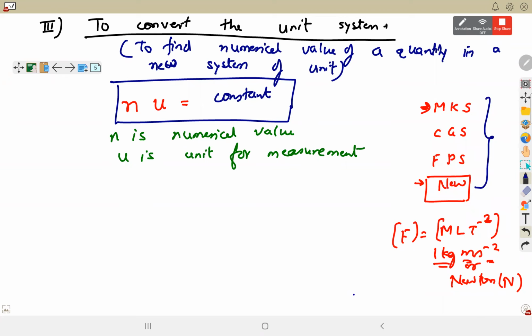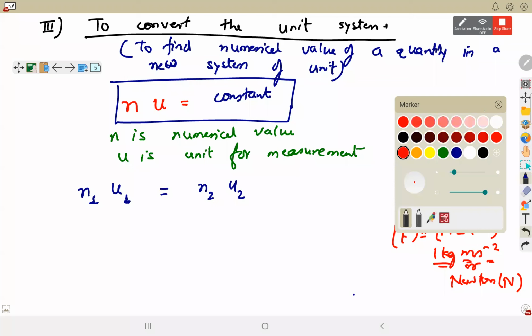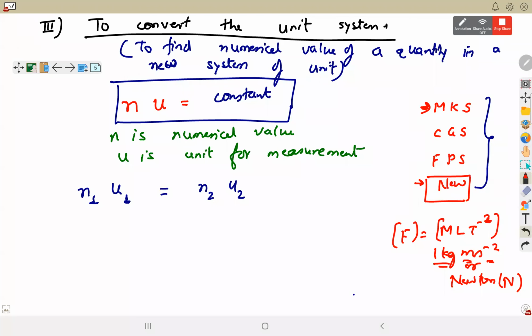So अगर suppose हमें कोई unit system change करना है, पहले unit system में numerical value is n1 and unit is u1. If we change to a new system of unit, its numerical value becomes n2 and unit system changes to u2. Suppose u1 is MKS, u2 is CGS, or u1 is CGS system and u2 is FPS, या कोई भी हमने hypothetically एक नया system बना लिया.